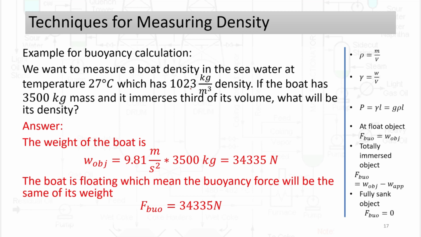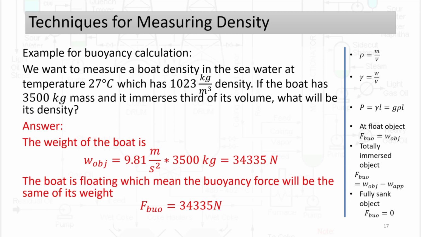What will be the density? Okay, weight of the boat, it is the object weight. I can just multiply the acceleration of gravity by the mass of this boat and that gives me the weight, which is 34,335 Newton.